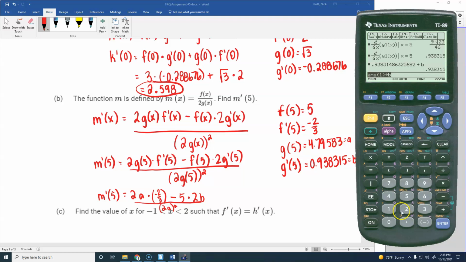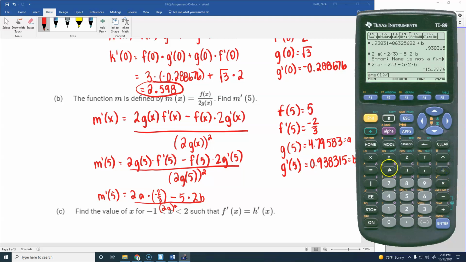So I'm going to do 2A times negative 2/3 minus 5 times 2 times B. Oh, it didn't do something right. Sometimes it doesn't like this when you put a letter next to parentheses. You have to put a multiplication symbol there. I don't know why it does that, but it does.